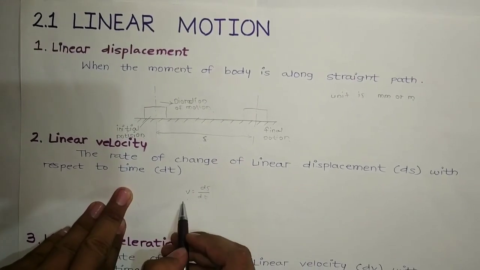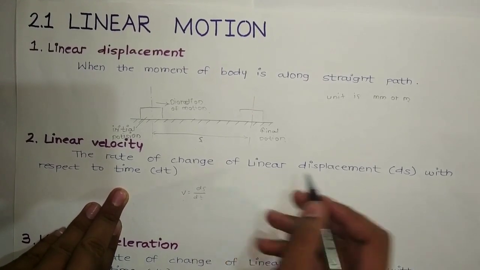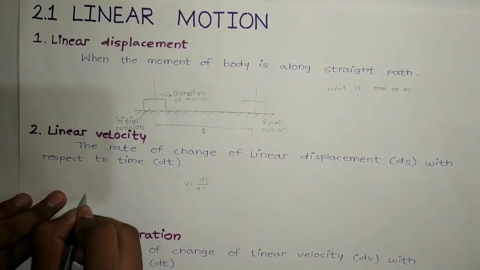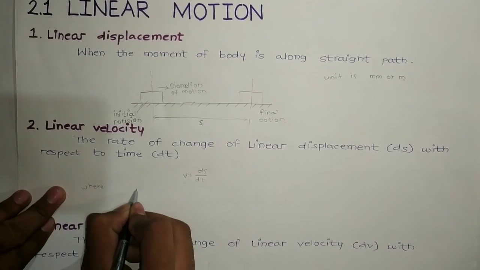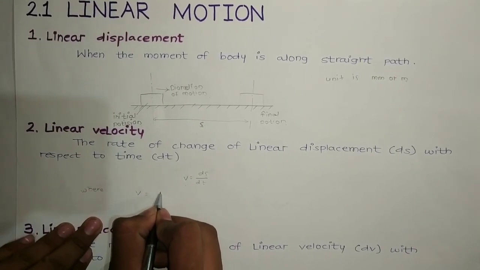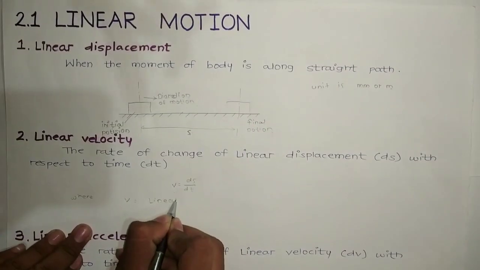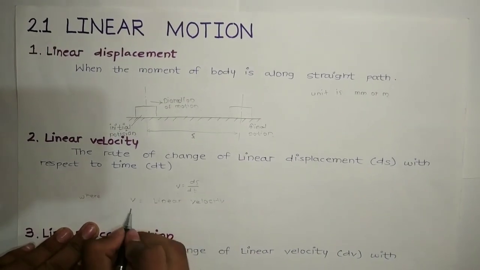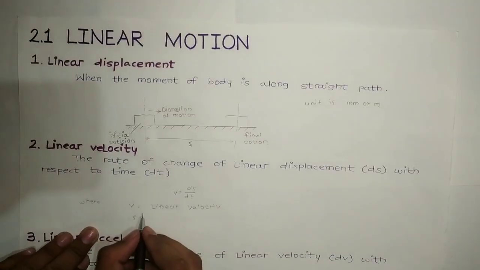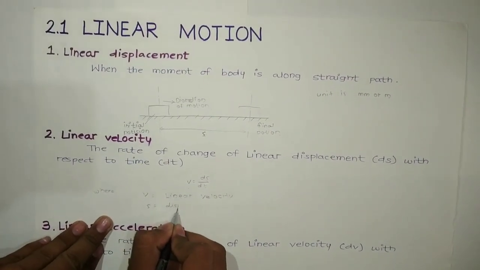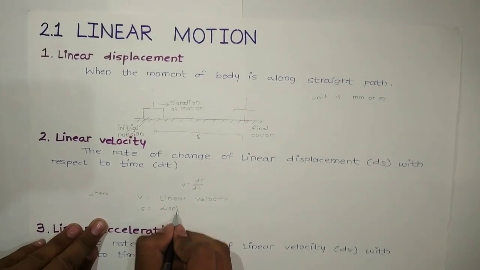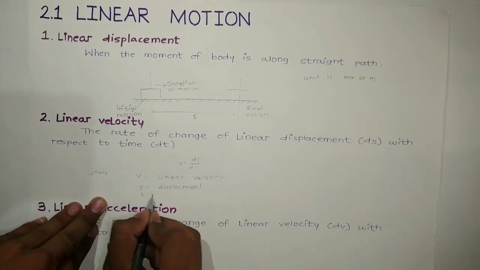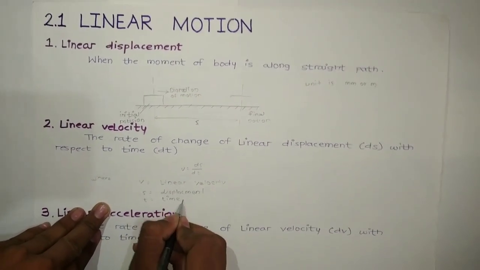Where v means linear velocity, s means displacement, and t means time.